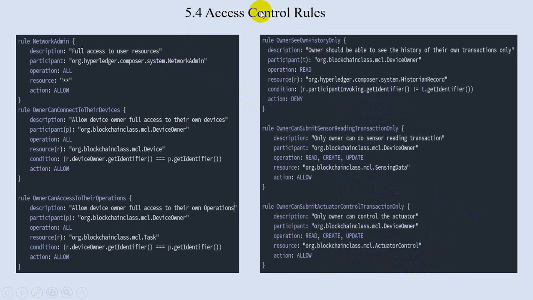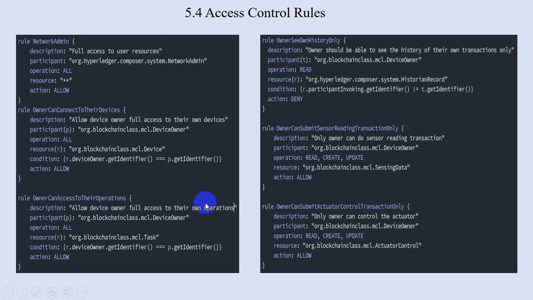I mentioned the access control rules here. The network admin is given full access to user resources, and the rule for owners is that they can connect to their devices, and they're also given operations on the device and its owner.